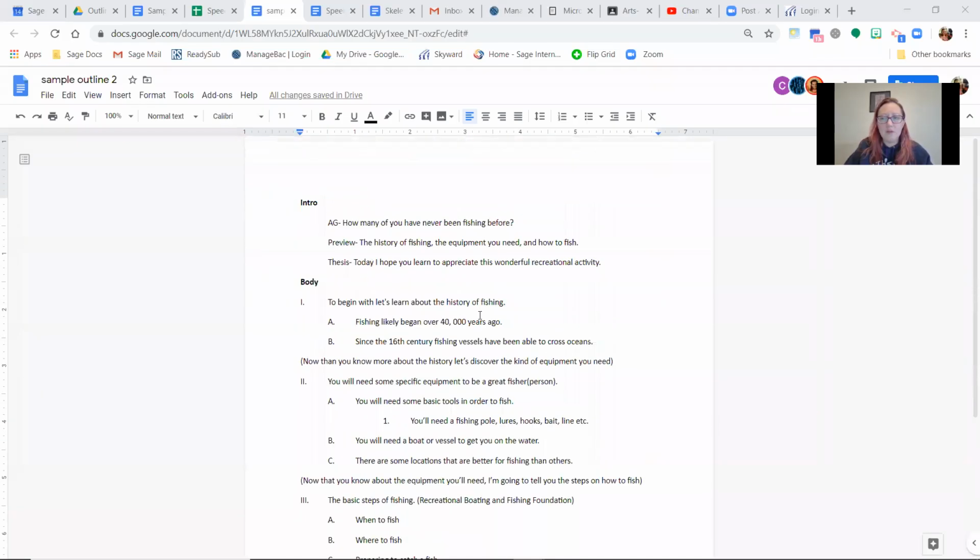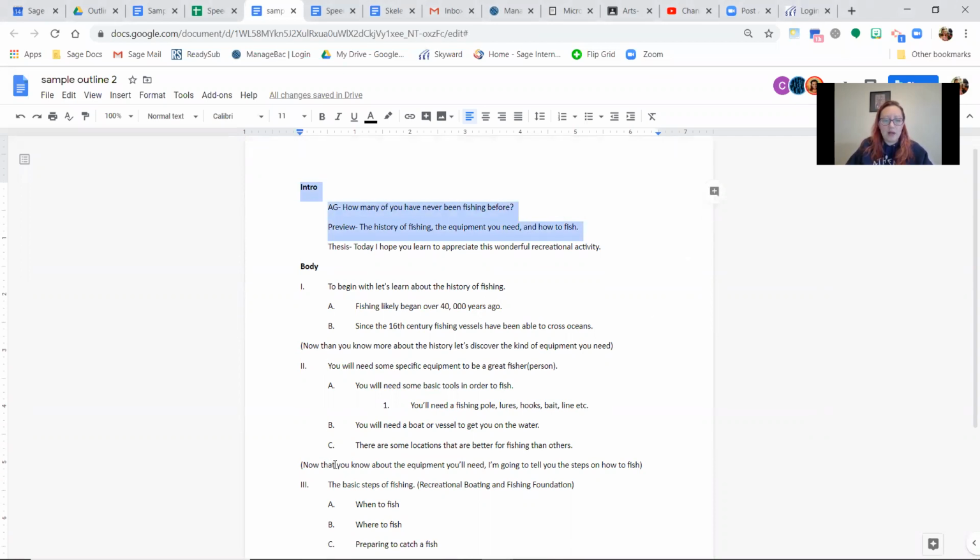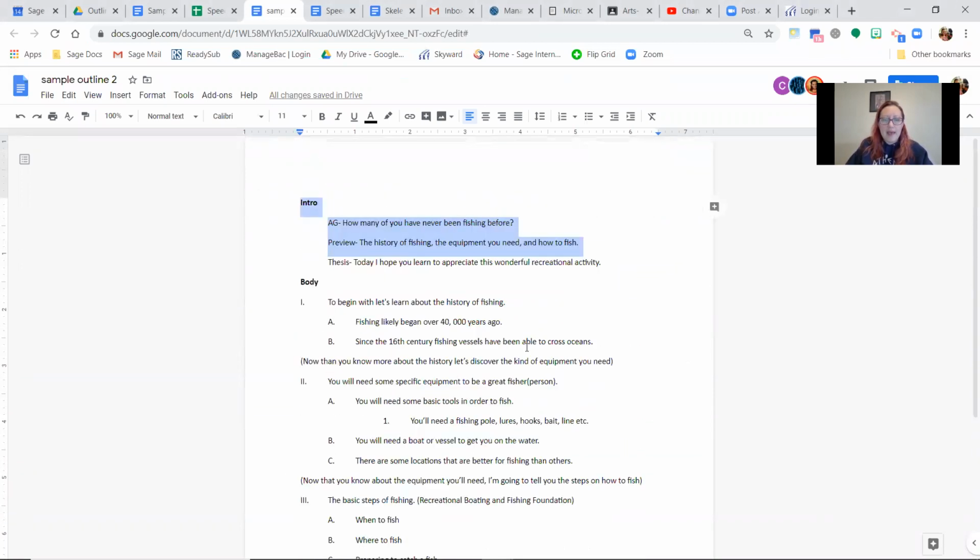I kind of went over this with Diego, but your outline should look like this. This is basically a grade 4 or 5, probably a 5 level outline. And it has your 3 main sections, your intro, body, and conclusion. And then you have your main ideas with your details here.